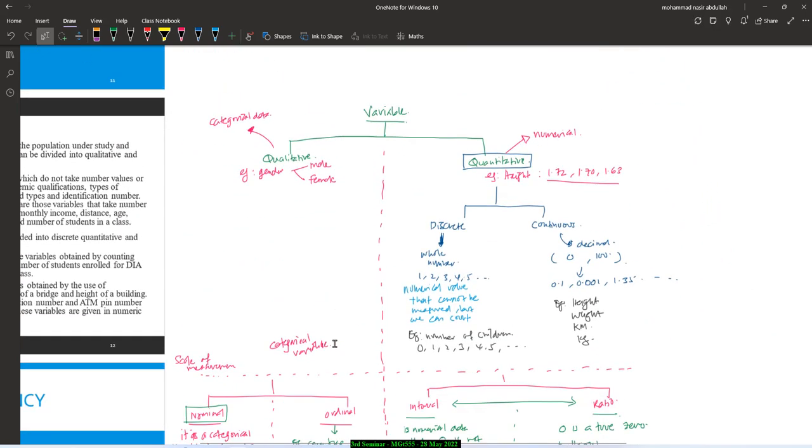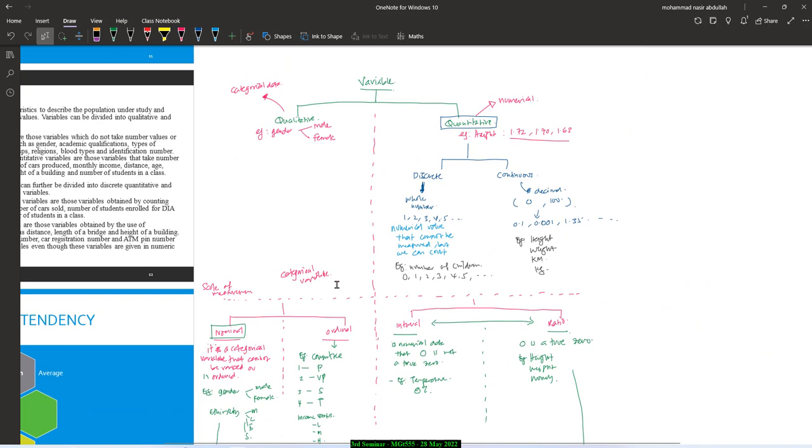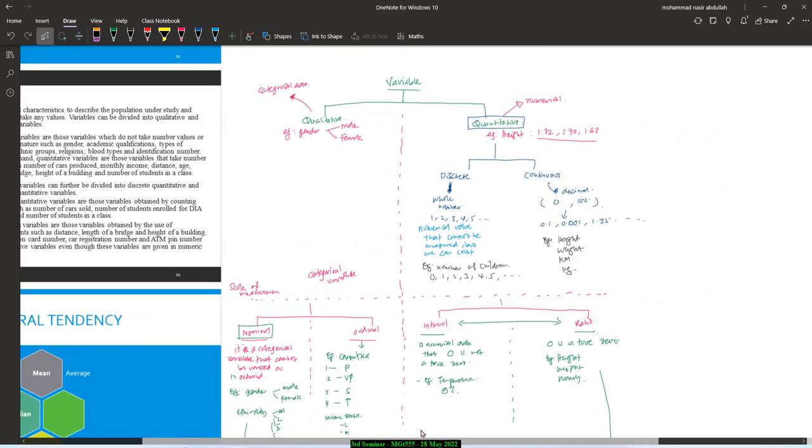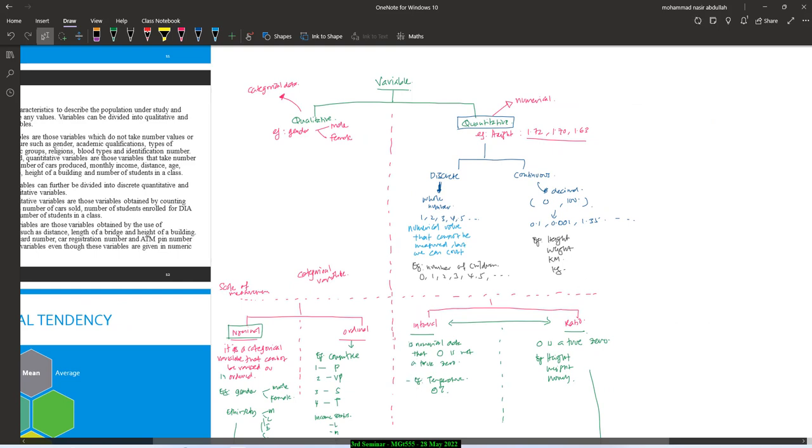So I hope you understand the definition of variable and qualitative and quantitative variable. Under quantitative variable, we have a scale of measurement: nominal, ordinal, interval, and ratio. Right. So any questions so far before we proceed to measure of central tendency? Right. I hope you understand.